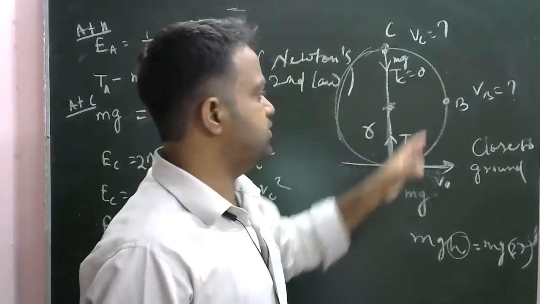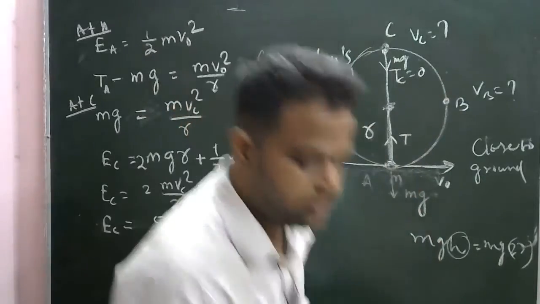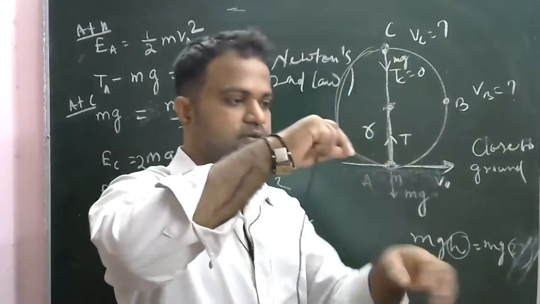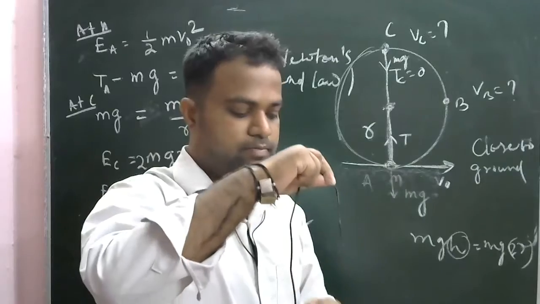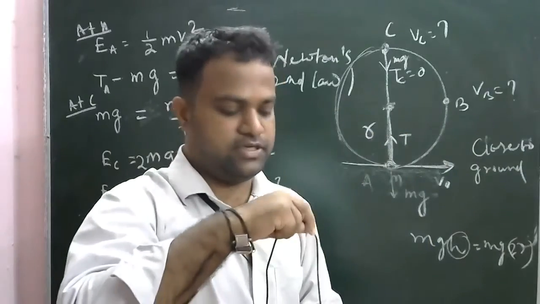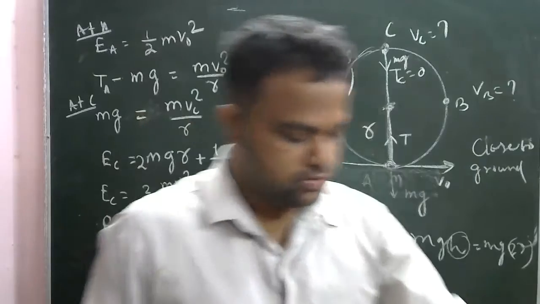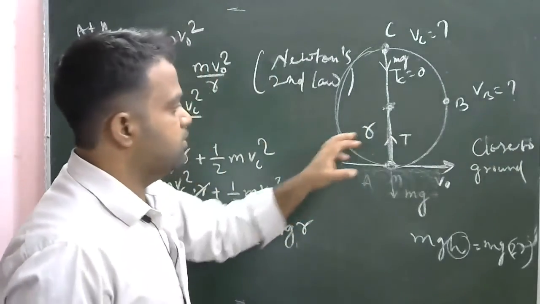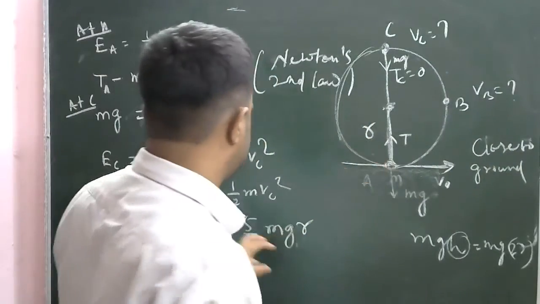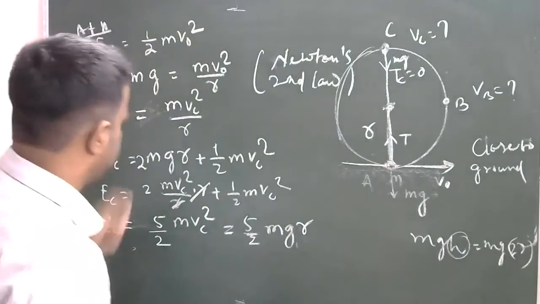It will go here and it will fall down. But if I put sufficient velocity, then it will go up and it will revolve.